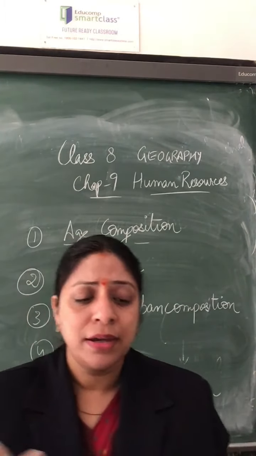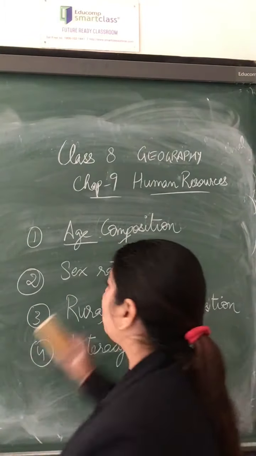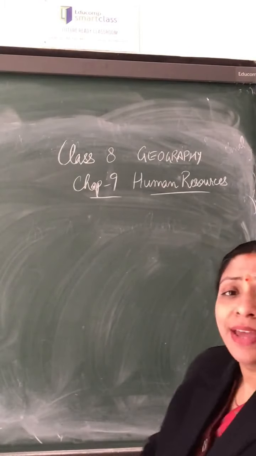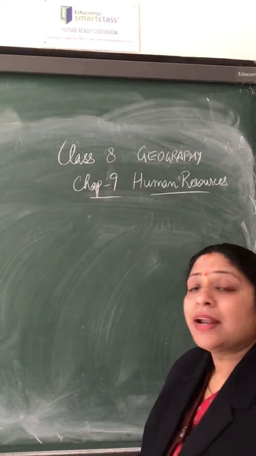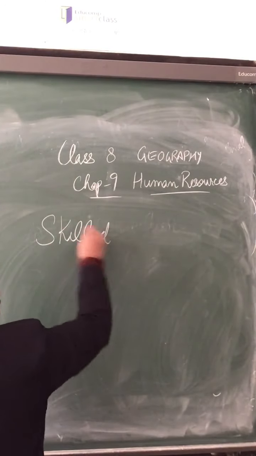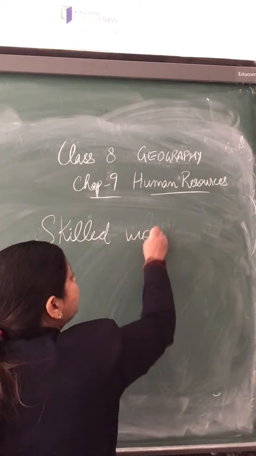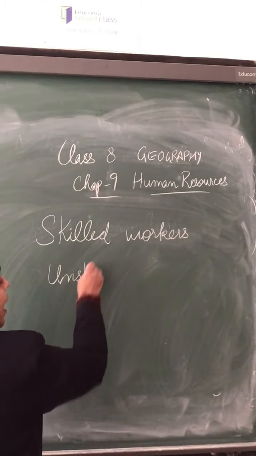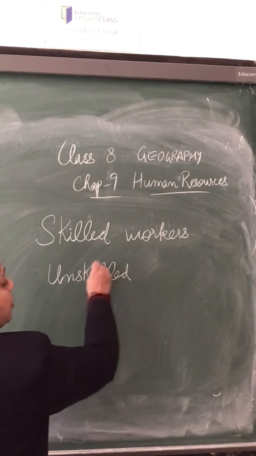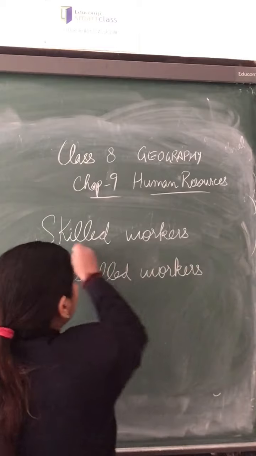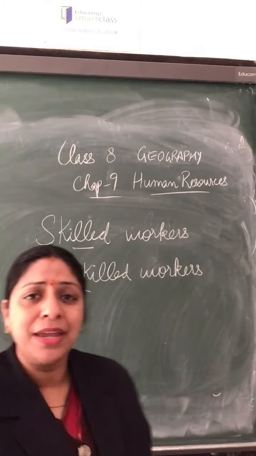The next thing to start with is the type of workers there are in the country. There are two types of workers. One is called skilled workers and the other is called unskilled workers. Obviously, from these two terms, you must have got the meaning.